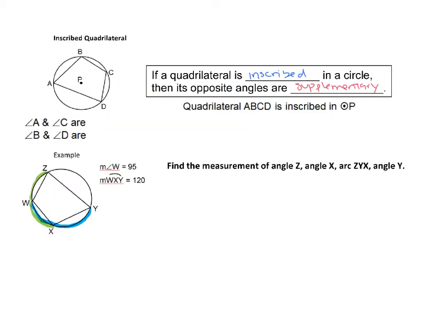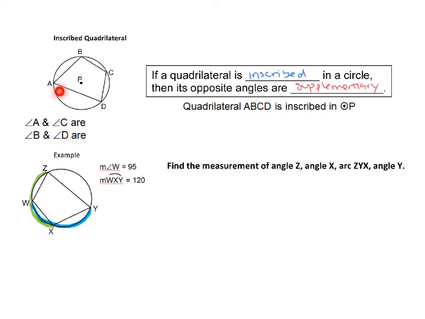All right, so here we are going to talk about a quadrilateral, a four-sided polygon, being inscribed inside of a circle. If a quadrilateral is inscribed in a circle, which you can see has happened here, then its opposite angles are supplementary. We know supplementary basically means that it adds up to 180.